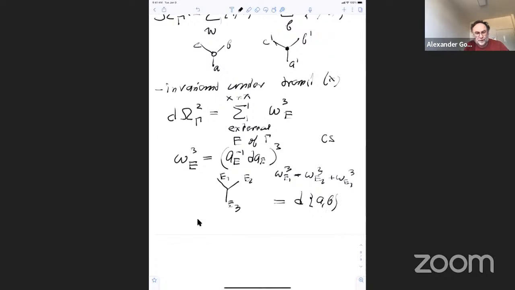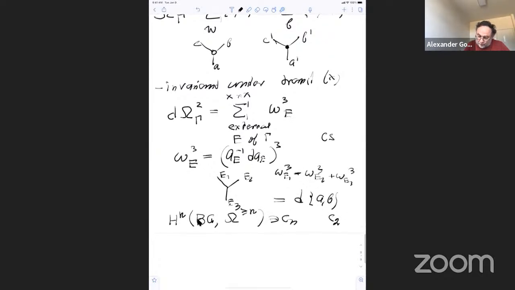So this form is well known, and the context in which I know them for edges is that when you calculate the n-dimensional homology group of the space BG with coefficients in the complex of holomorphic forms of degree bigger than n, then there is a Chern classes here, and you can write them down explicitly. And if you consider C2, then you get this component, just this and that.